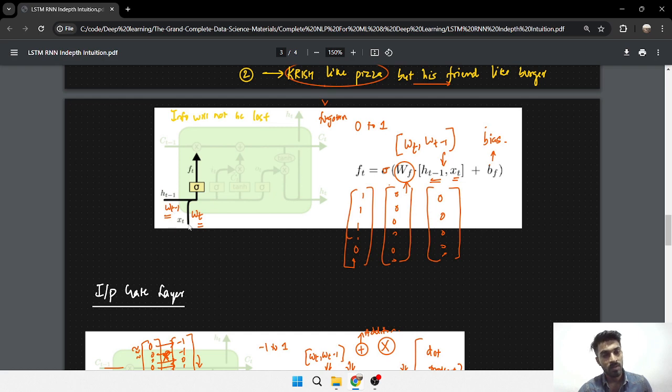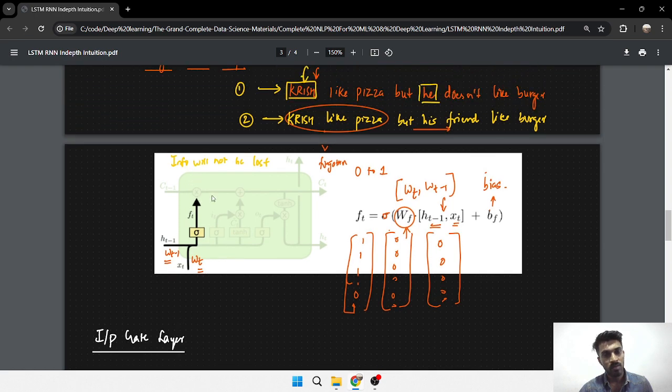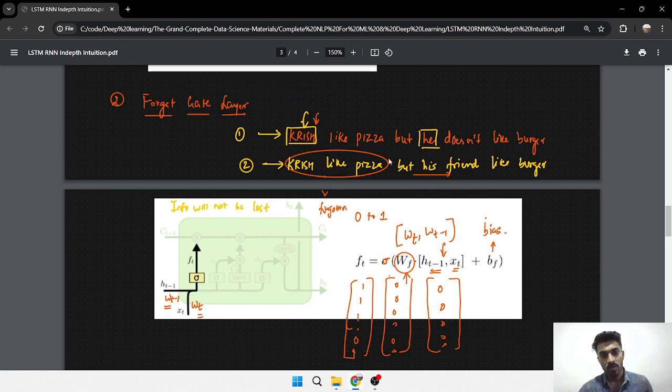The short term vector and the new input are concatenated and a sigmoid function is applied on top, giving a new vector. This vector is applied in a cross manner, meaning a point-wise multiplication, which helps us decide what to forget and what to remove. That's how it works.